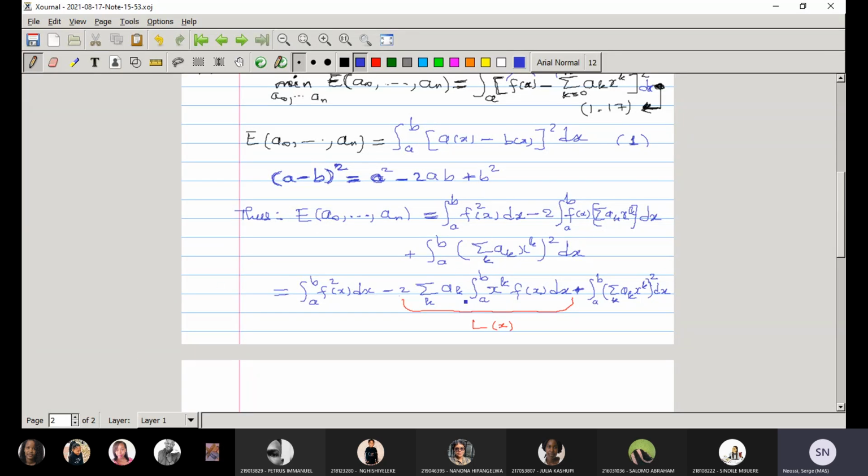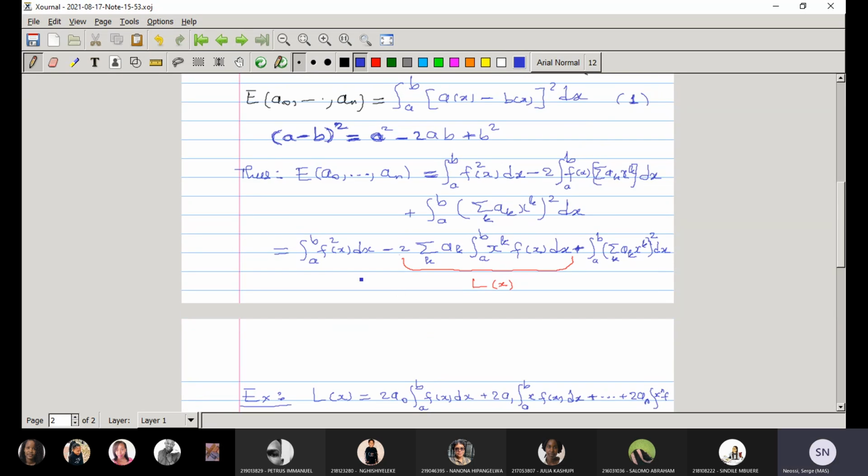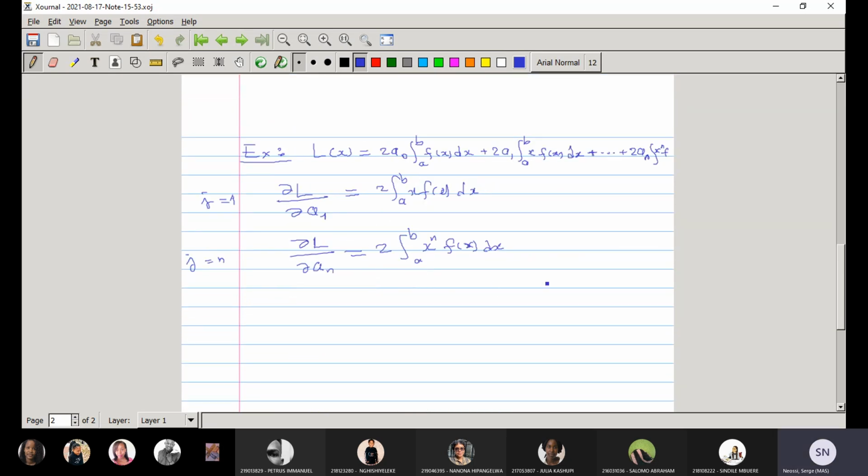We differentiate with respect to one of the terms which we denote by j. That's exactly what this means. So we are going to do that. I hope this is clear. If this is clear, then the rest is easy.